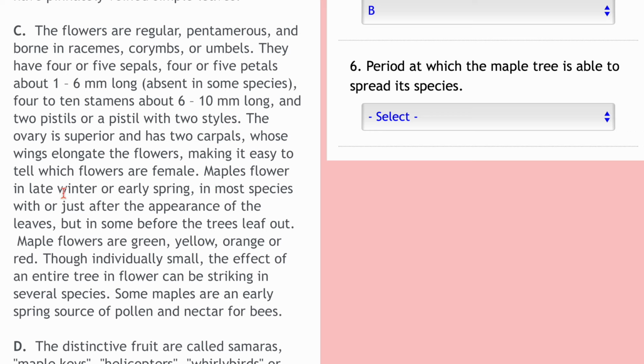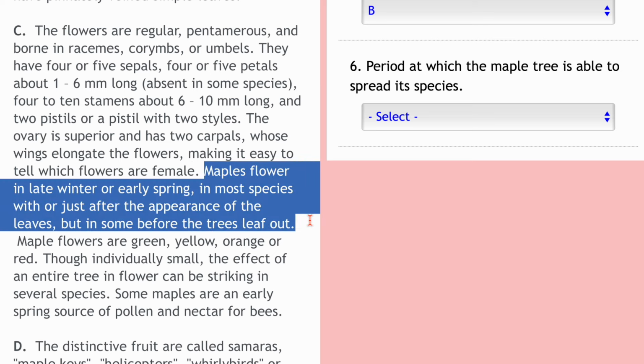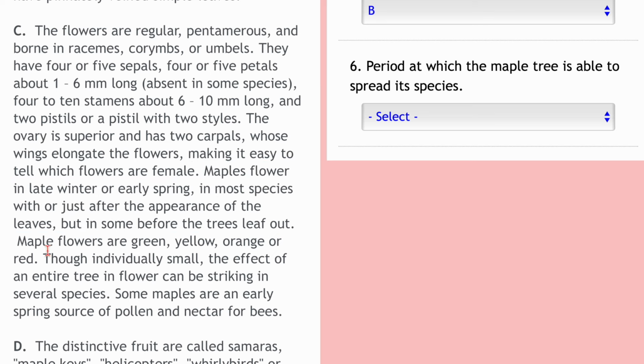Maples flower in late winter or early spring. Winter in most species with or just after the appearance of the leaves, but in some before the trees leaf out. So when it's saying here when they bloom, remember that question. Maple flowers are green, yellow, orange, or red.